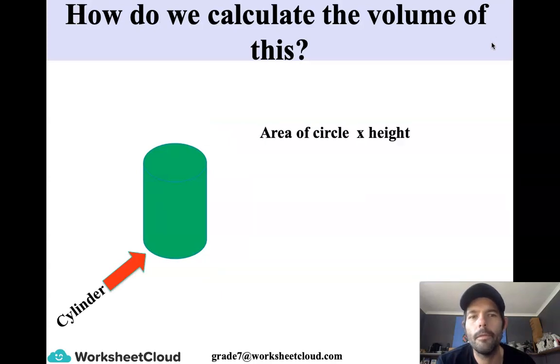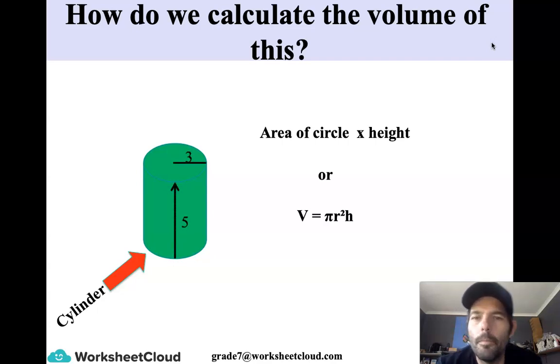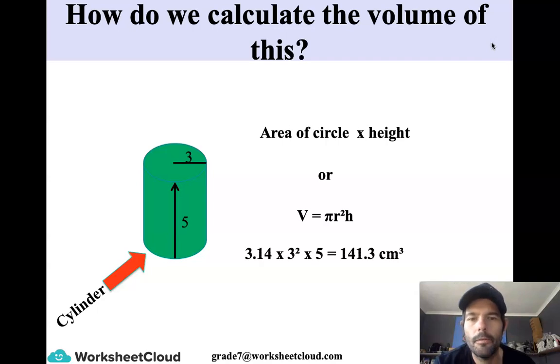So knowing that information, we know that the area of the face of the cylinder is going to be pi times radius squared. So that's going to give me 3,14 times 3 squared. That will just give me the surface area of the circle at the top. And then we just need to multiply it by the height of the cylinder, which is 5.